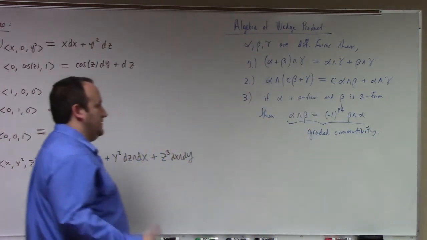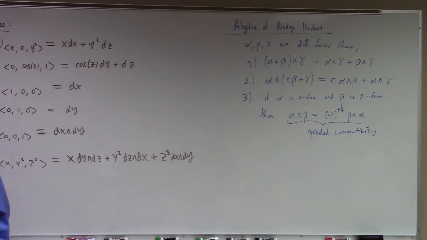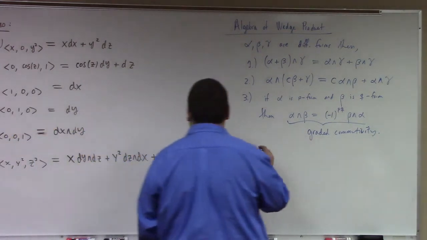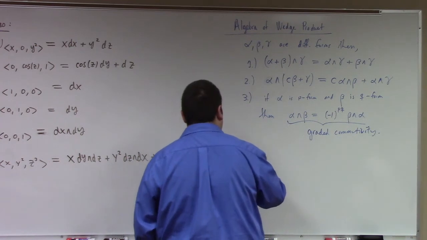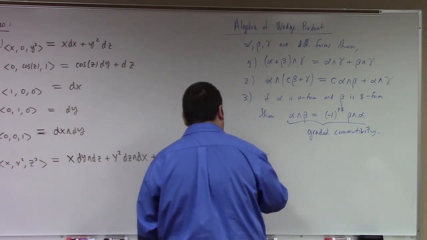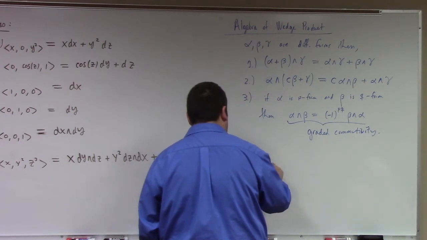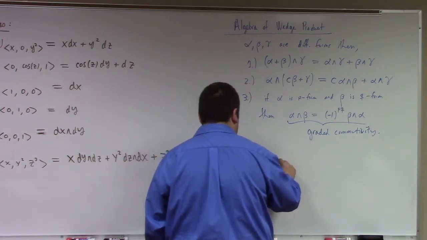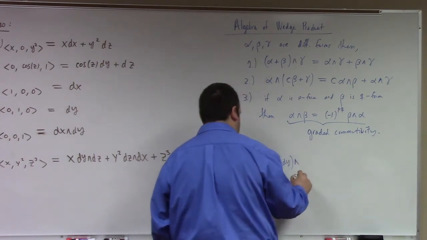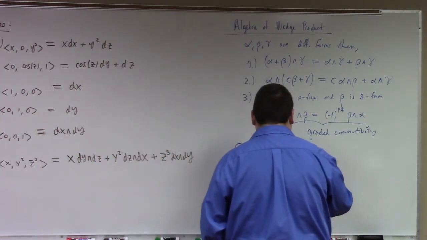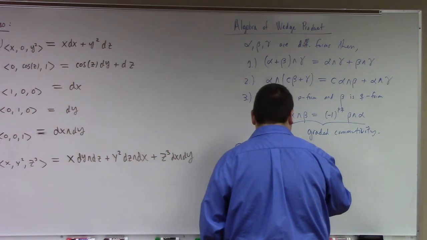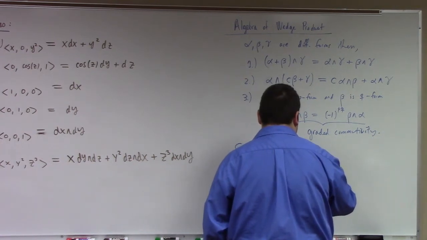All right, so let's look at some examples here. How about this? 3 dx plus 2 dy wedged with dy minus dz.